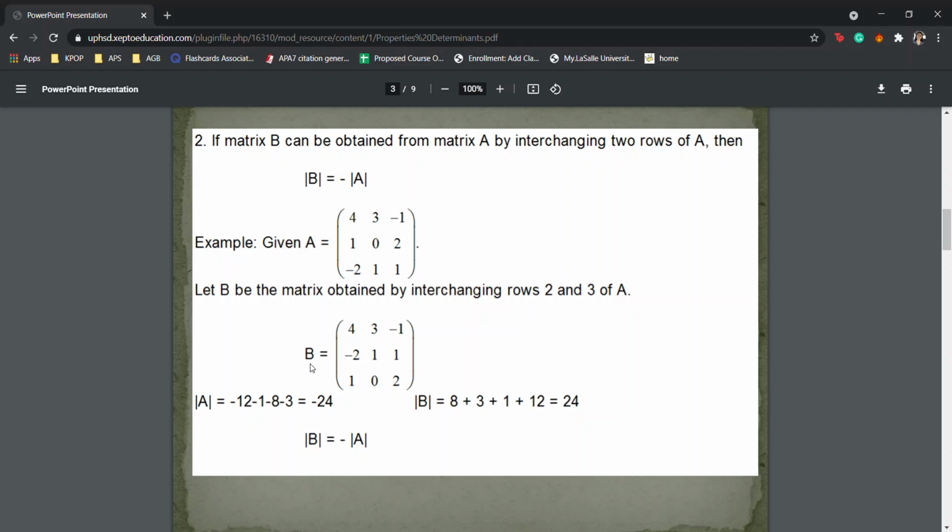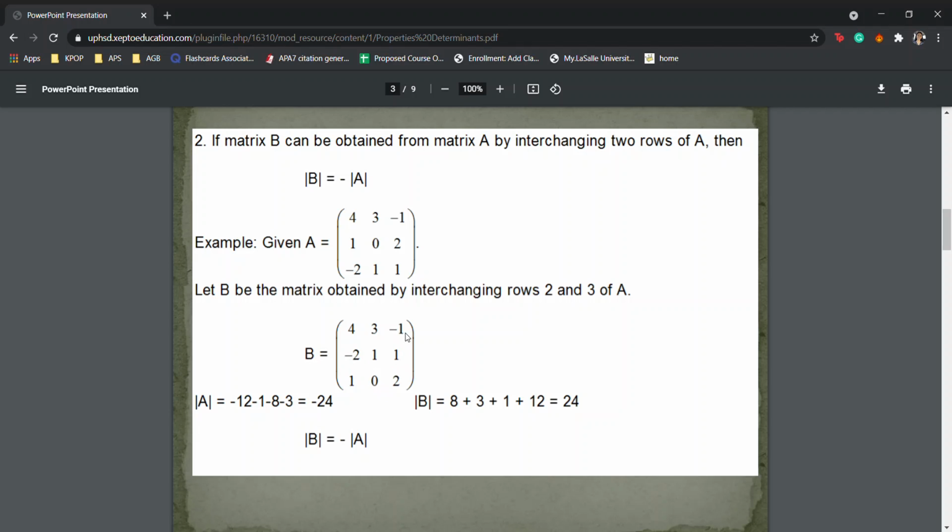We then take the determinant of matrix B again by using the basket weaving method. It will give us 4 times 1 times 2 or 8 plus 3 times 1 times 1 or 3 times negative 1 or plus negative 1 times negative 2 times 0 or 0.